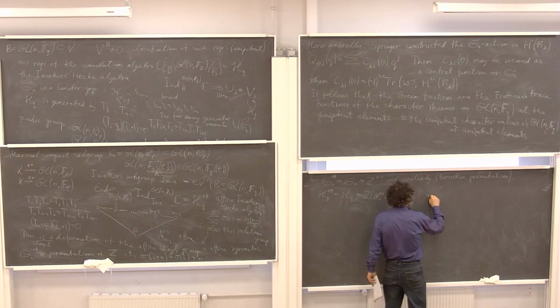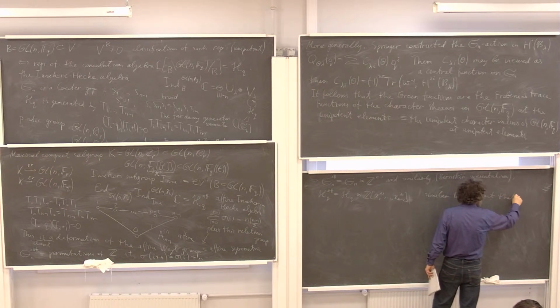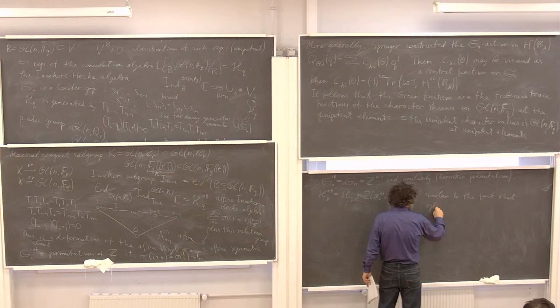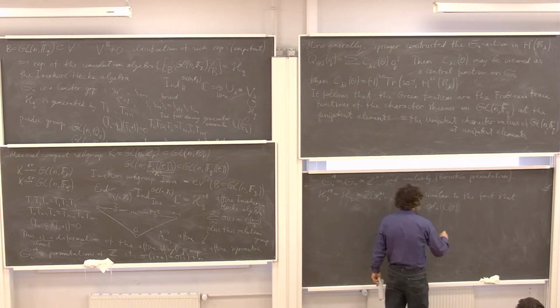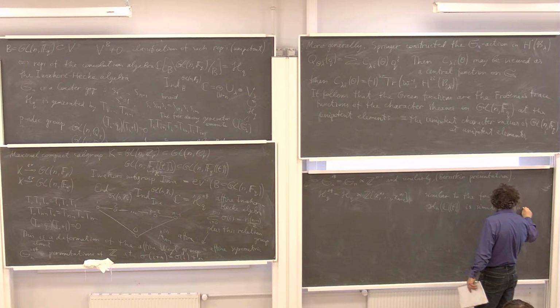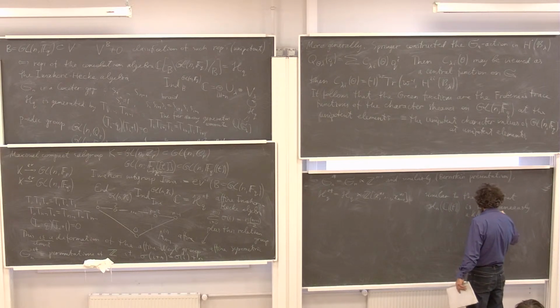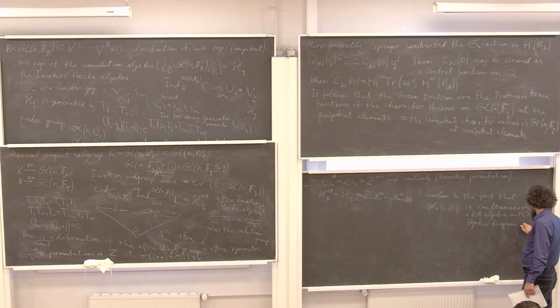It is again philosophically similar to the fact that, say, the Lie algebra GL, or maybe SL_n, of any field, say C of T, is simultaneously a Kac-Moody algebra with the Dynkin diagram, as I said, the affinization of this cyclic quiver.